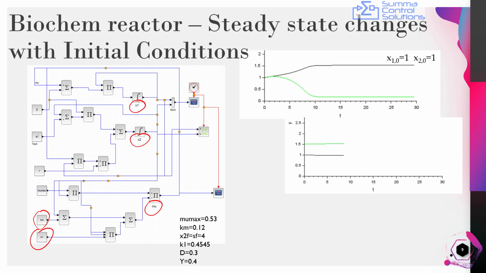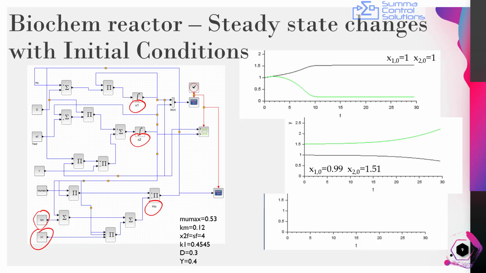In our second simulation and scenario, we see that if we start with x sub 1 equals 0.99 and x sub 2 equals 1.51, the two dynamic behaviors end up diverging.